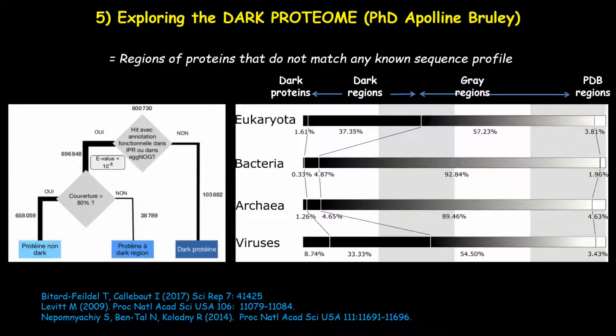There are still a lot of genomes or proteins that we don't understand what they are for, or what they correspond to. That can be whole proteins or parts of proteins that we don't know what they are doing.